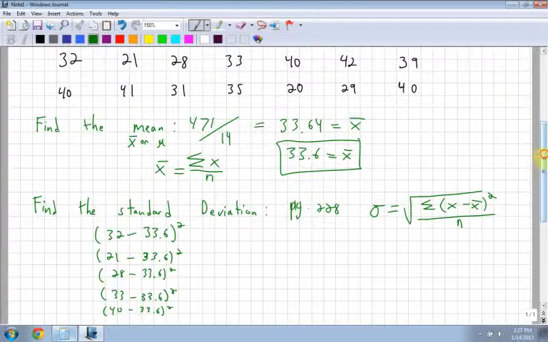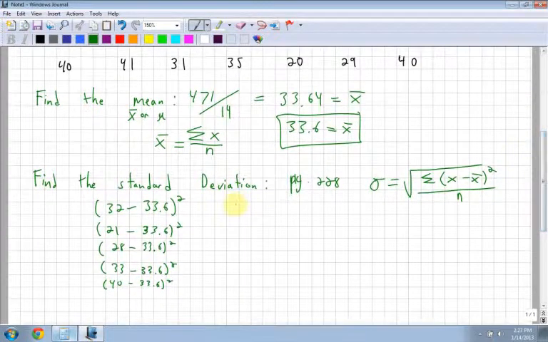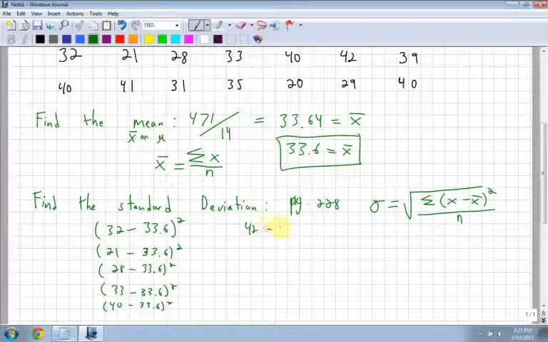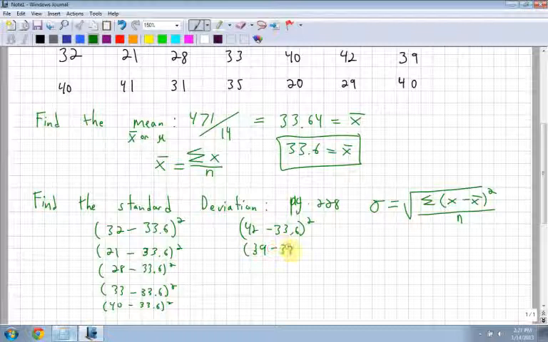Next I have 42 and 39, so actually I'll do them over here. 42 minus 33.6 all squared. 39 minus 33.6 all squared. Then I have 40.